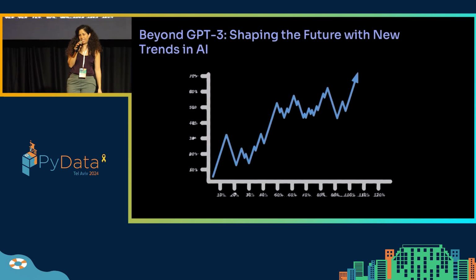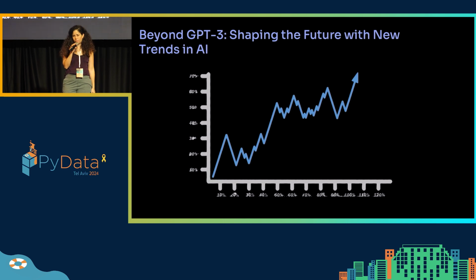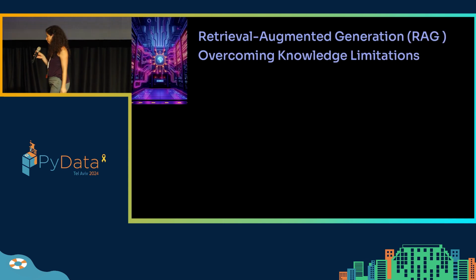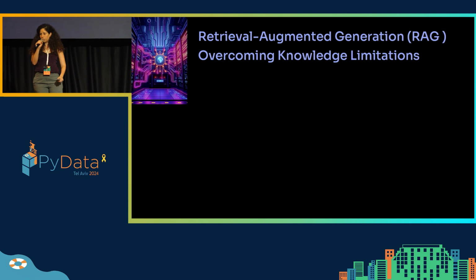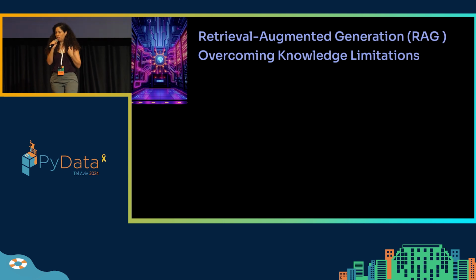Now that we covered reinforcement learning, let's talk about trends that are currently shaping AI's future. One of the fundamental limitations of language models is that they are limited to static data.